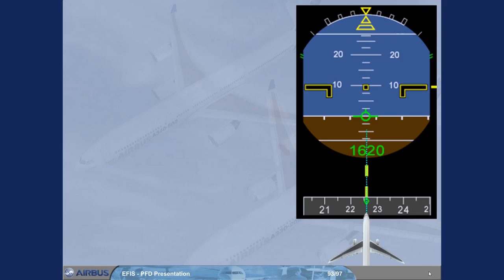These indications mean that the aircraft is not drifting. The aircraft is flying level with a pitch attitude of 9 degrees. The flight path vector is on the horizon line, so at present the flight path angle is 0, i.e. the aircraft is in level flight.